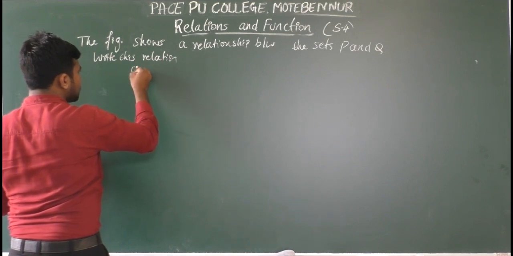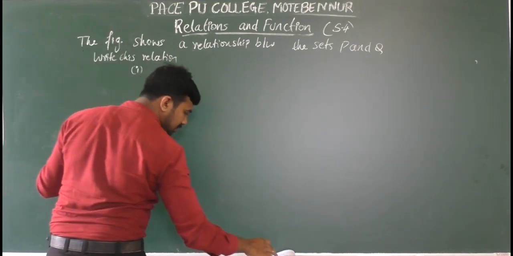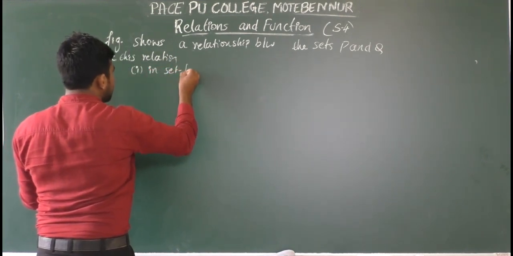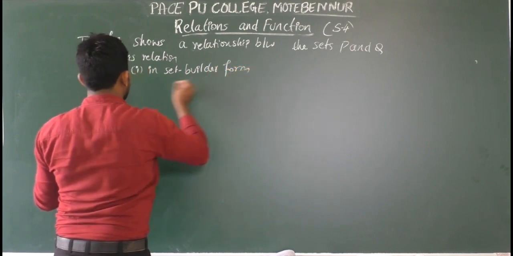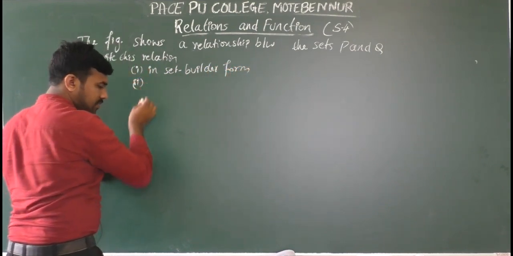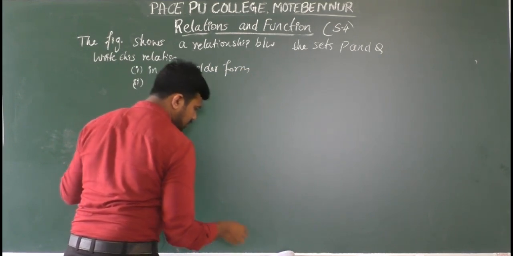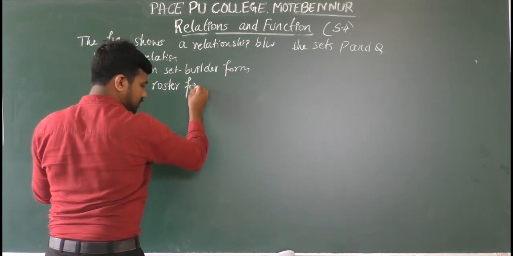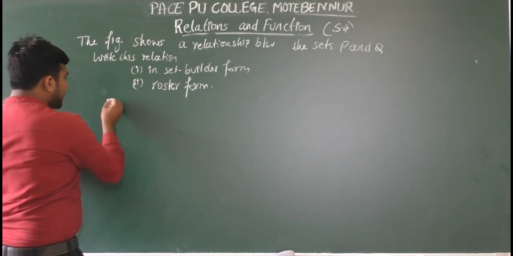Sub questions: write this relation in set builder form. Second sub question: in roster form. And then what is the domain and range?